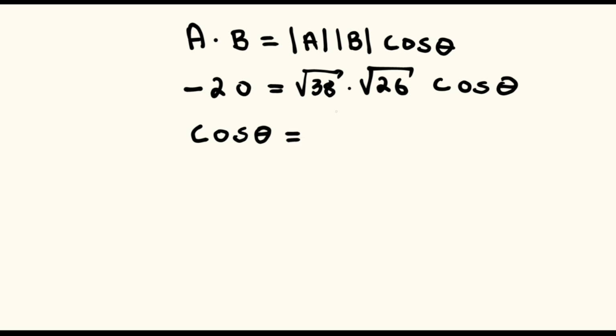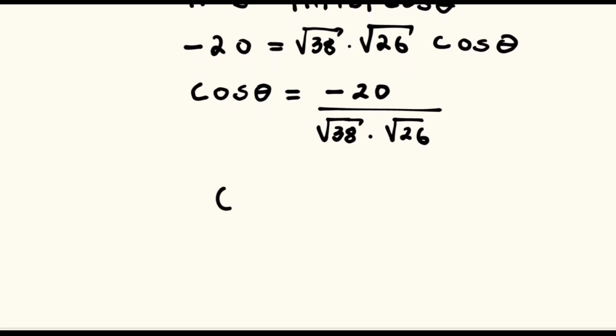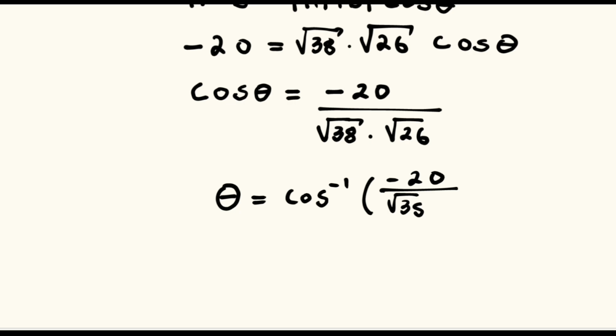Cos theta will be equal to negative 20. We divide through the equation by the square root of 38 multiplied by the square root of 26. Our angle theta will be equal to the arc cos of negative 20 divided by the square root of 38 multiplied by the square root of 26.